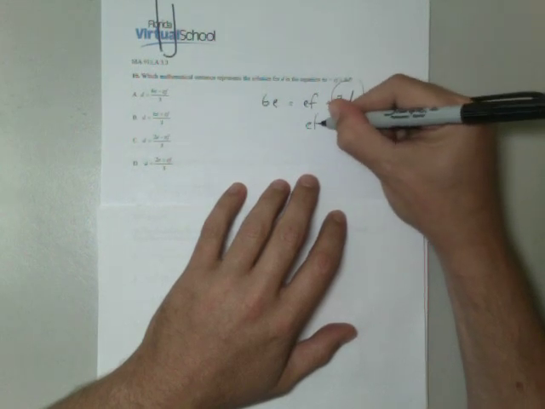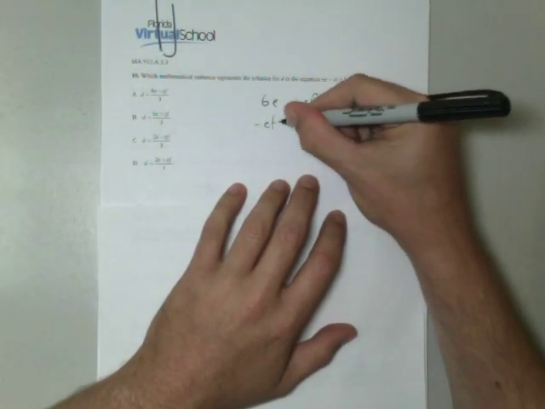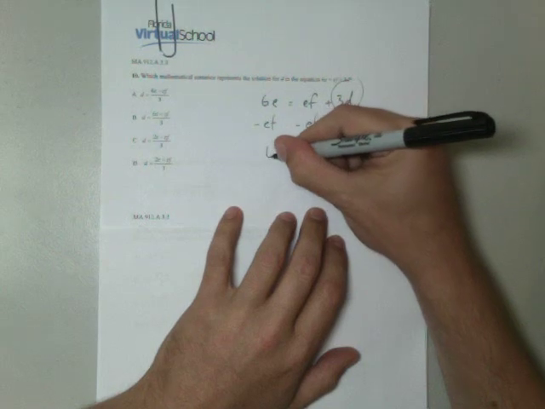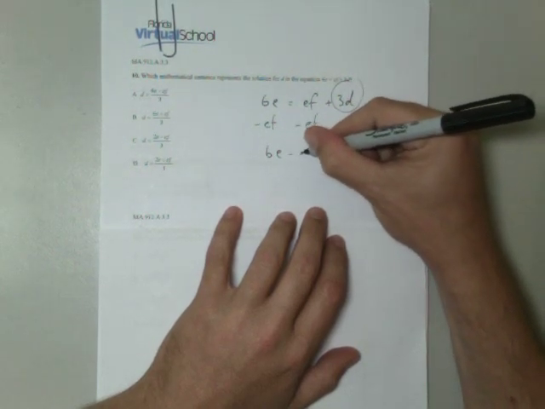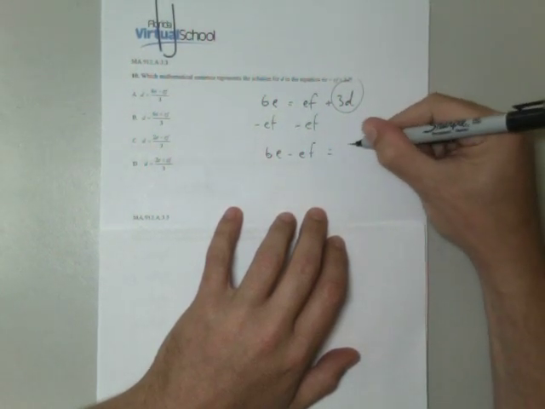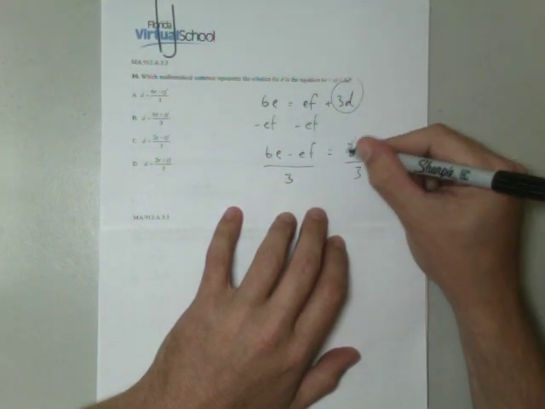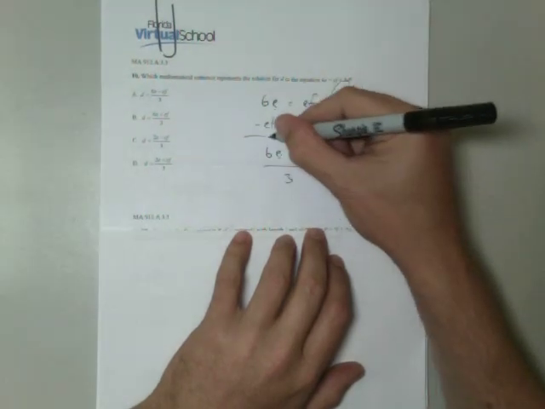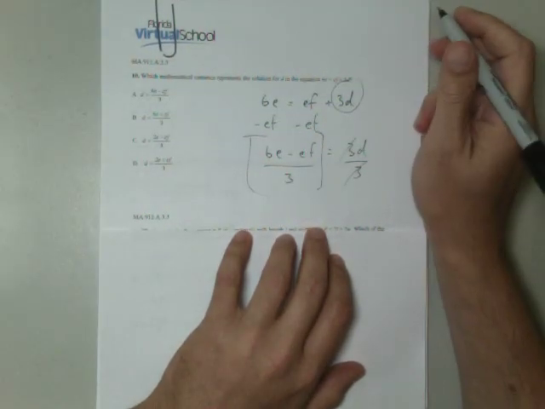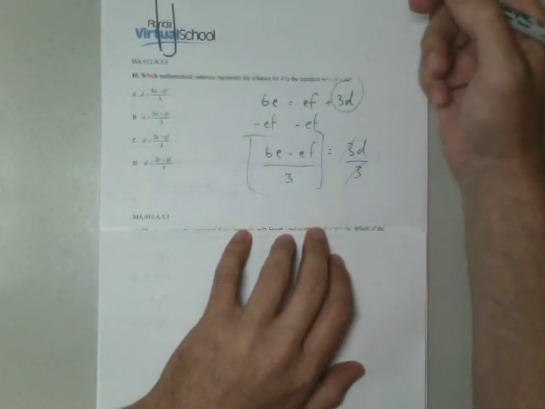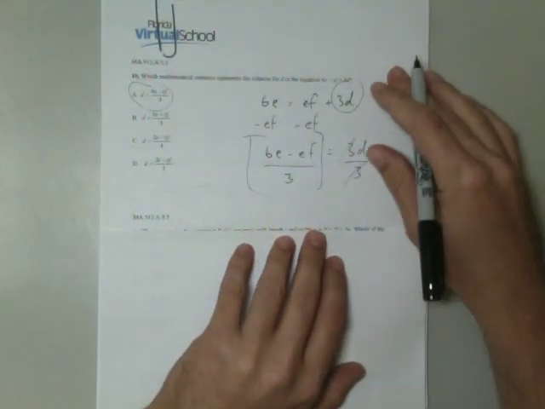So I'm going to subtract EF. This is 6E minus EF equals 3D, divided by 3, divided by 3. These cancel. D equals 6E minus EF all over 3. In this case, choice A.